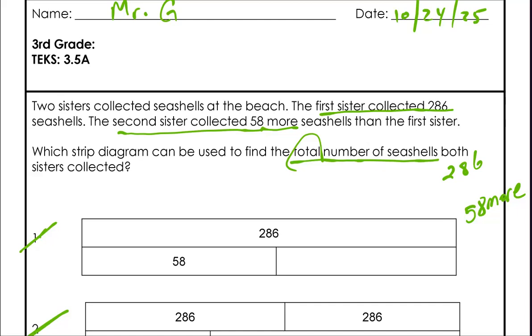If I have $5 in one pocket and I have $5 in the other pocket, and then someone else has $3 more, well, first you have to have the two fives because they're the same, and then the extra 3 would be the extra. So first we have to get to 286 again, and then we have 58 more.